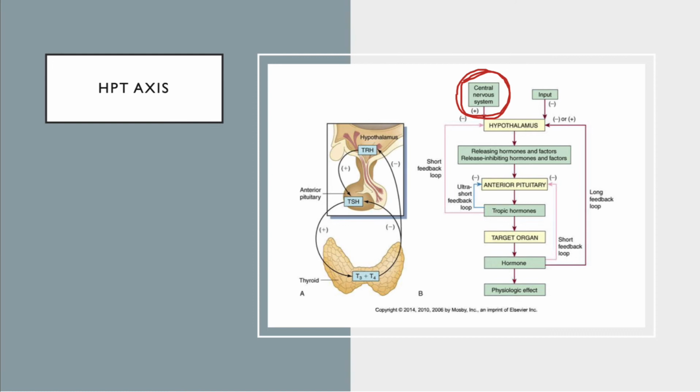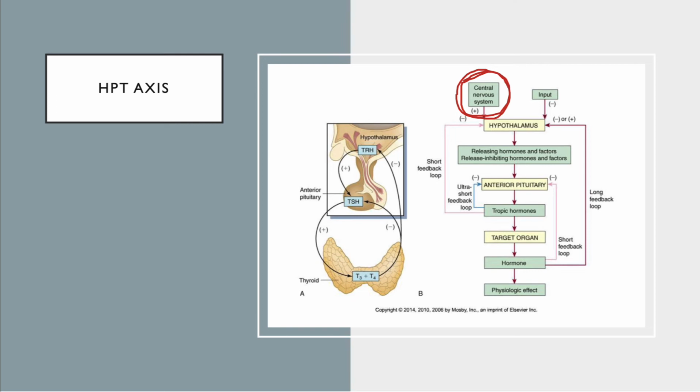The TSH is produced, goes into the circulation, is picked up by the thyroid gland, and also our needles when we draw blood for TSH levels, and stimulates the thyroid to produce T3 and T4. So that's what happens. The hypothalamus says we need more T3 and T4, so I'm going to tell the pituitary. The pituitary sends a signal to the thyroid through TSH to produce more T3 and T4.